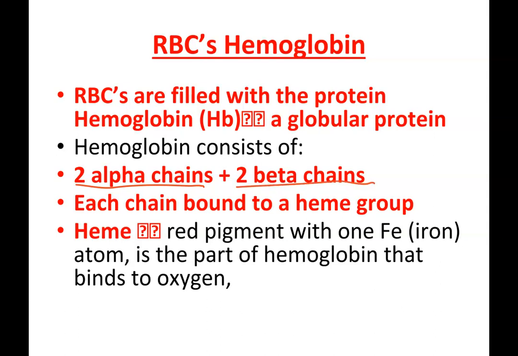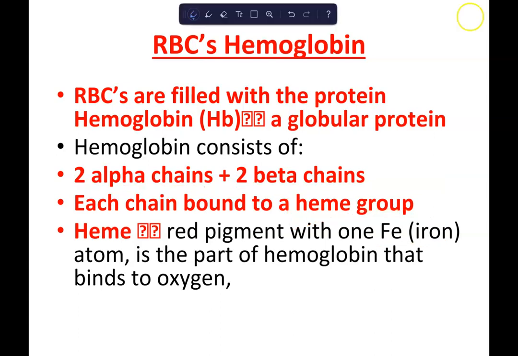Each chain is bound to a chemical group called the heme group. The heme group in turn contains one iron atom, which is the atom that actually physically binds to oxygen. So you should know the structure of hemoglobin.